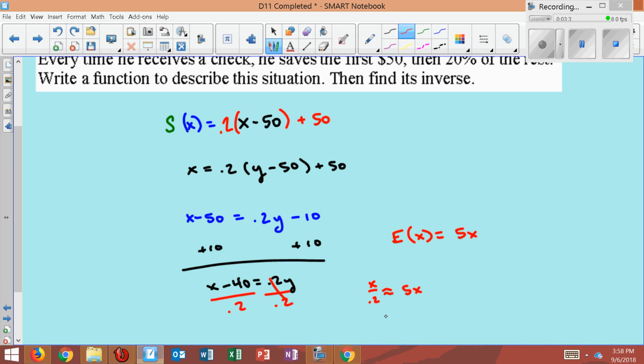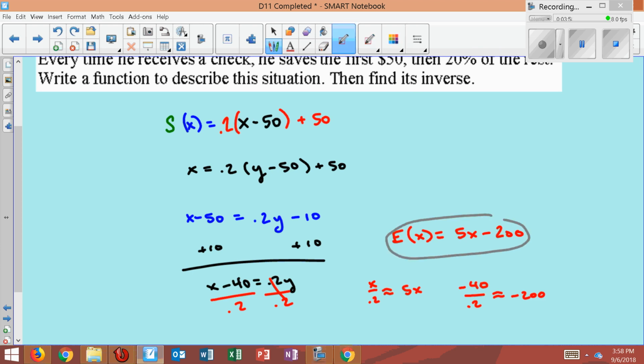It's the same exact thing. All right, so 5x and then minus 40 divided by 0.2 is going to be the same thing as, I'll do that here, negative 40 over 0.2 is congruent to negative 200. That equation there should be my inverse equation.